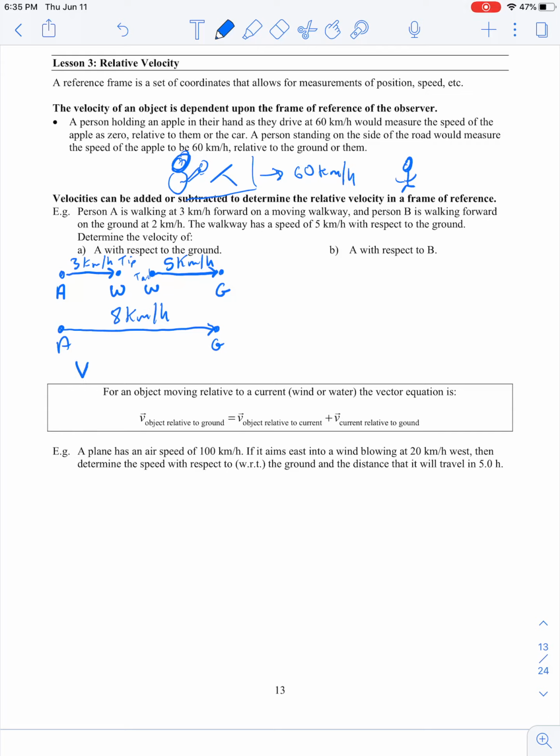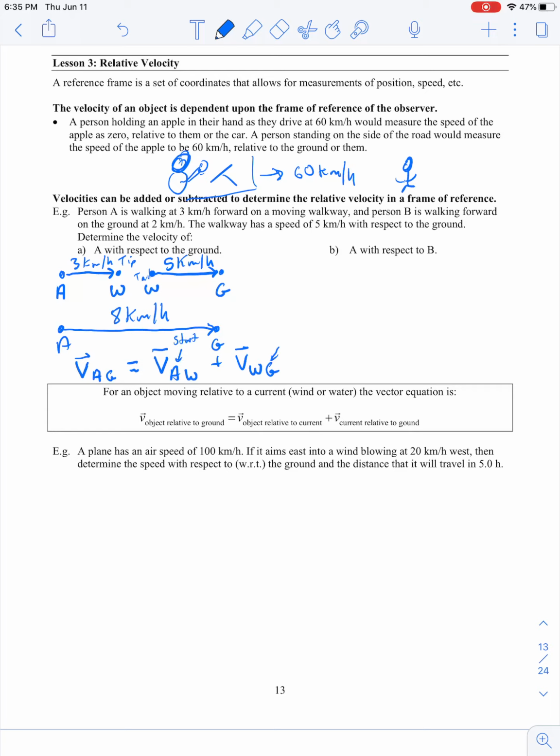I would say that the velocity of the person A with respect to the ground can be determined by doing this: the velocity of A with respect to W plus the velocity of the walkway with respect to the ground. So we see that this is our start point.